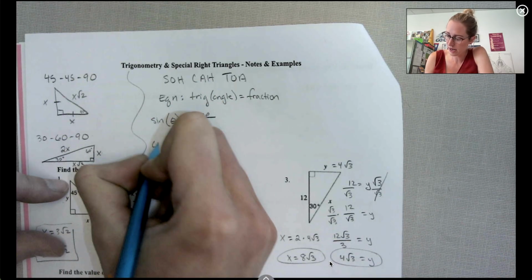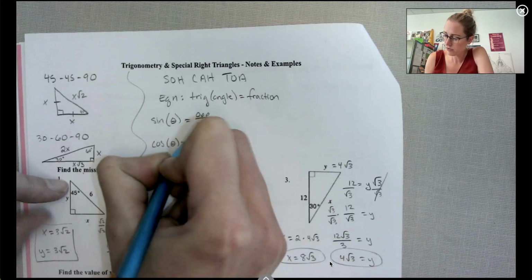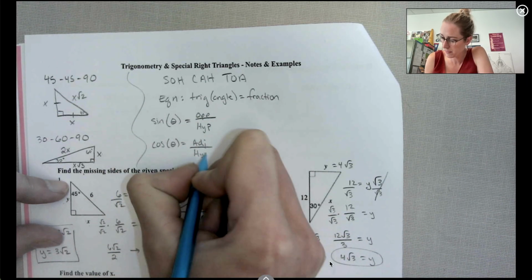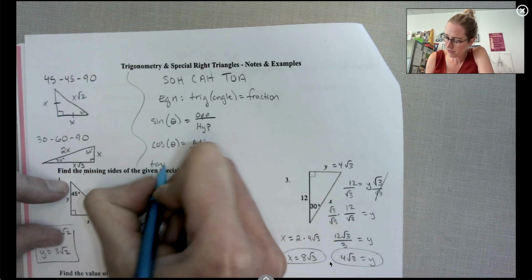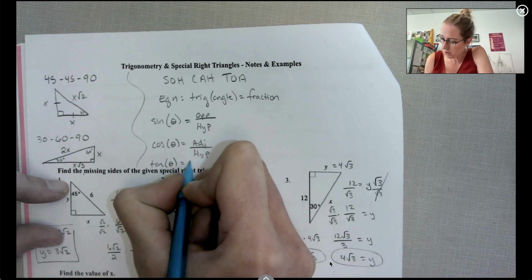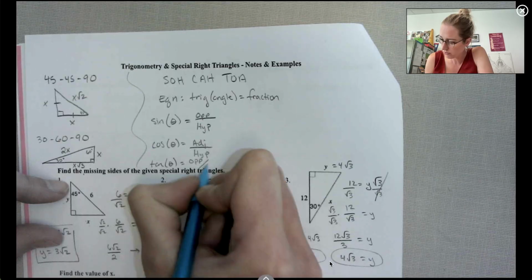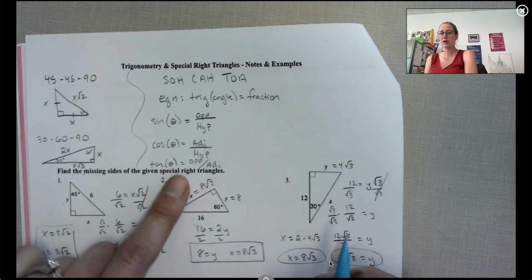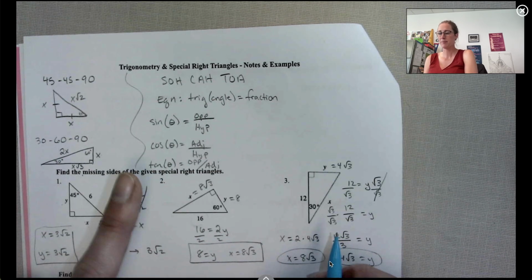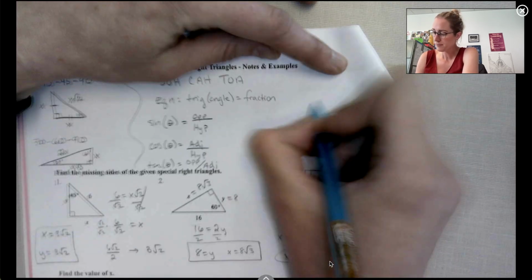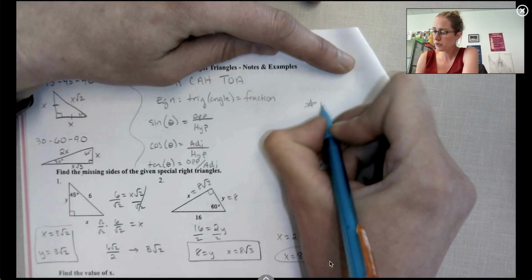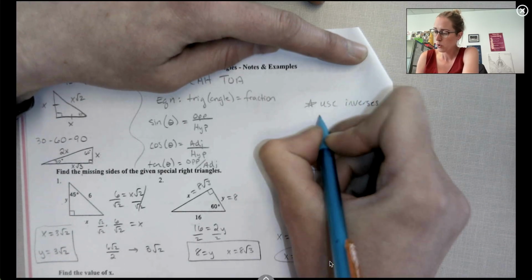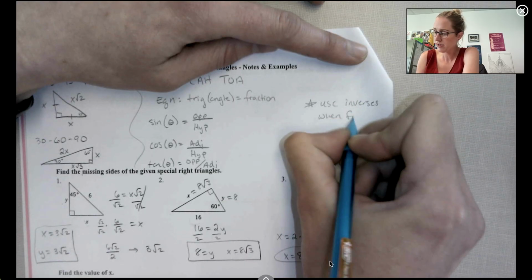Cosine of our angle is equal to adjacent over hypotenuse. And then tangent is equal to opposite over adjacent. Now, this is what I'm going to set up every single time. One other piece here is we are going to use inverses when finding angles.